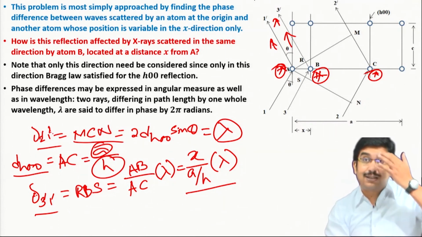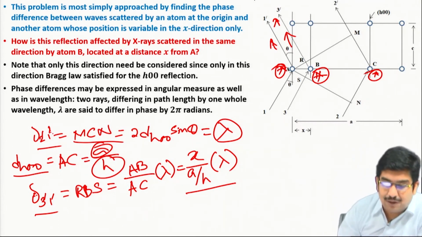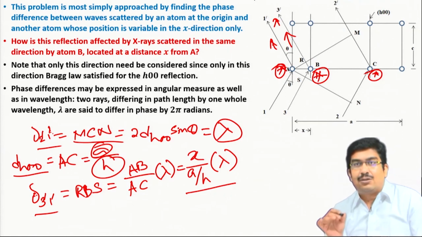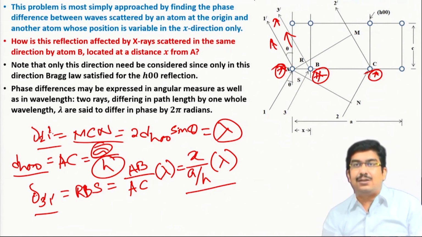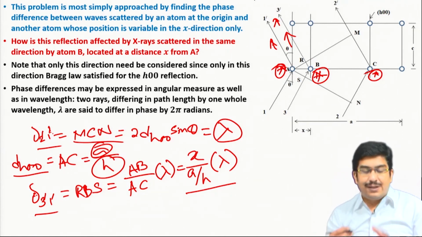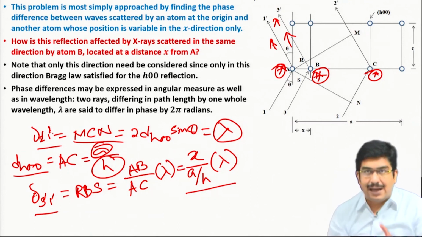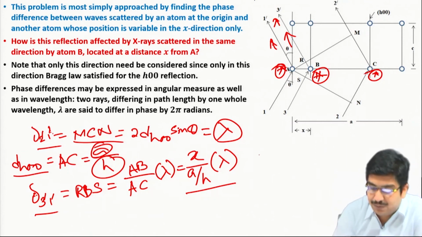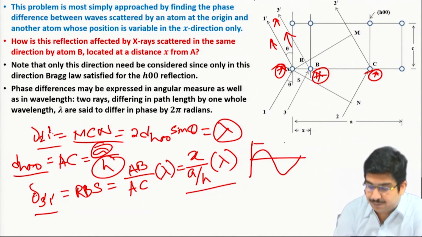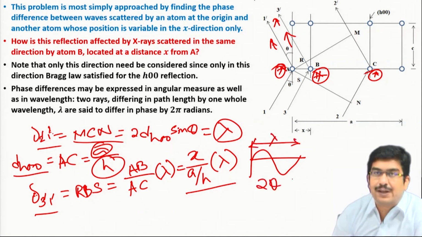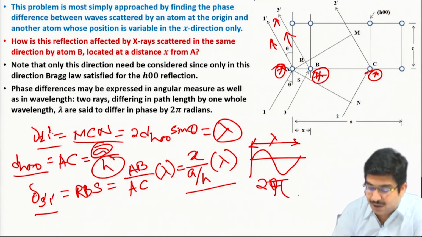Now, the phase difference can be expressed in terms of path difference, or it can be expressed in terms of angular difference as well. For an angular difference, we know that for a complete wavelength lambda we have a phase difference of 2 pi.